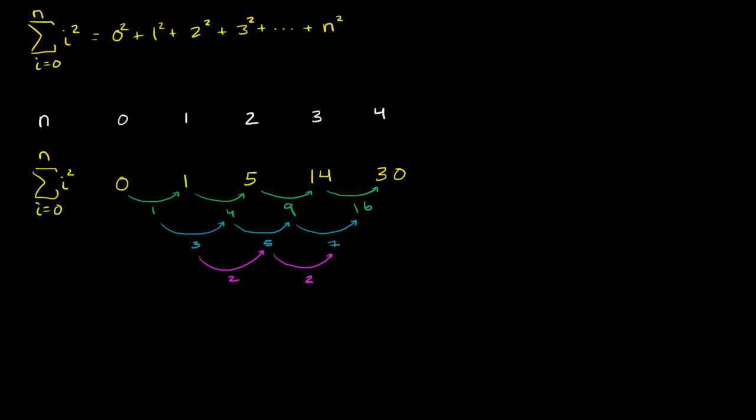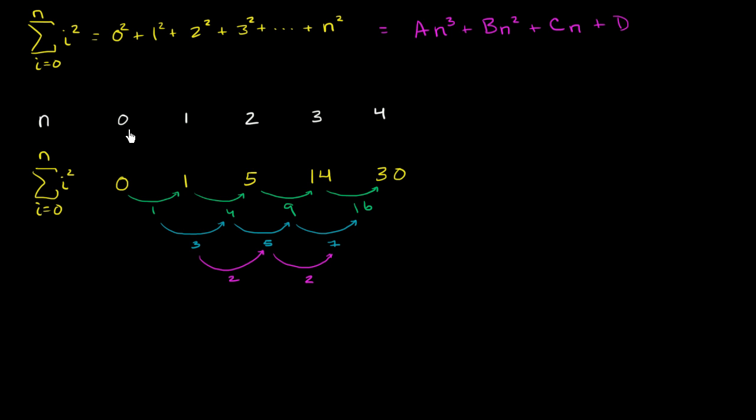So this should be equal to some function in terms of n. And we could write it as a n to the third plus b n squared plus c times n plus d. And now we can just use what the inputs and the outputs are to solve for a, b, c, and d. And I encourage you to do that. Well, let's first think about when n is equal to 0.